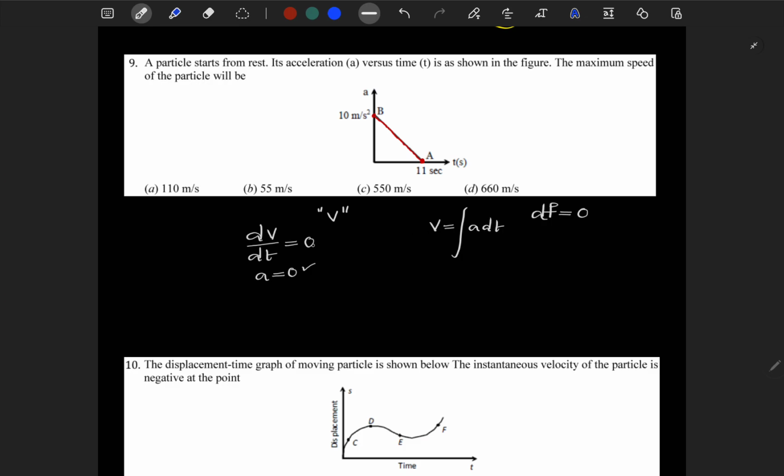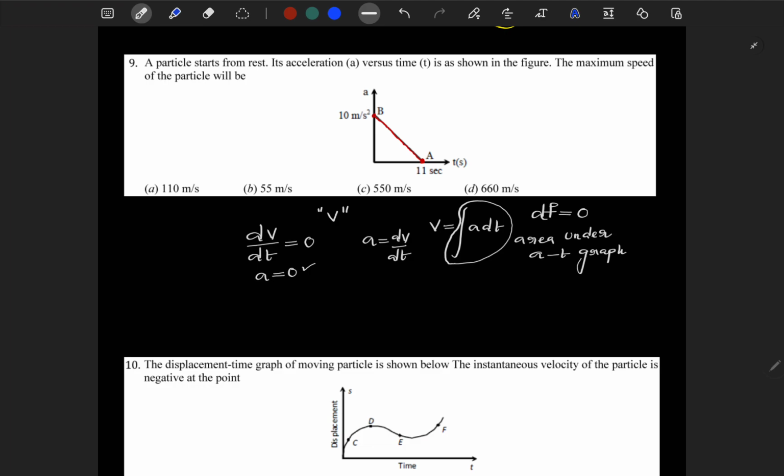I got this from the equation that acceleration a is equal to dv by dt. So v is integral a dt, and integral a dt not only is the formula for v, but also indicates the area under the a-t graph, which was represented above.